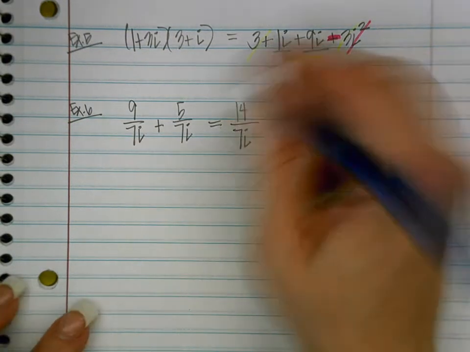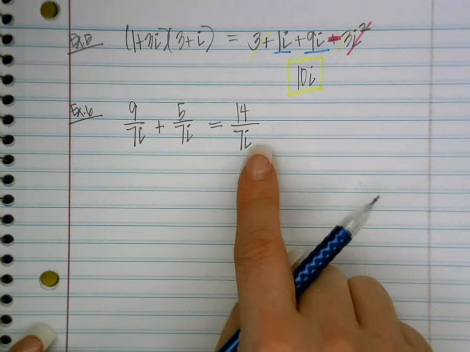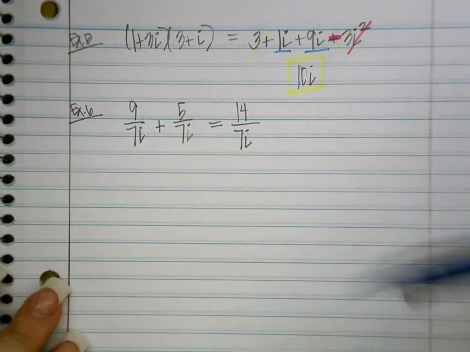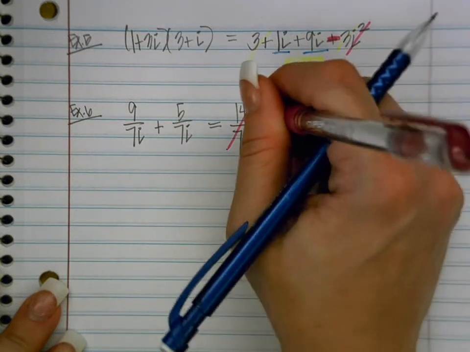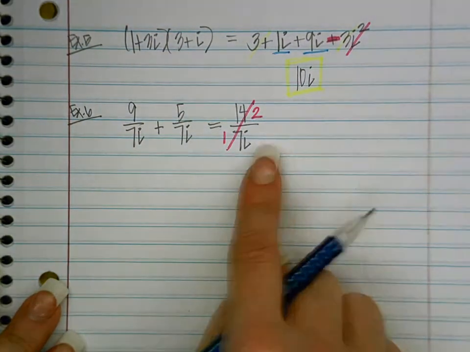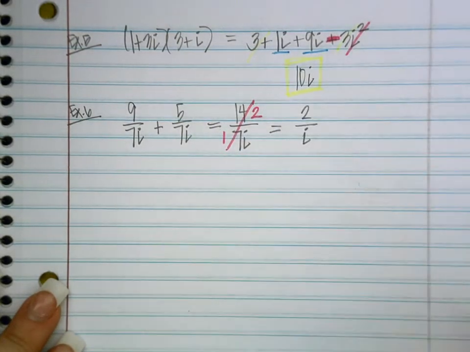What's wrong with this right now? Number 1, it's not reduced. Number 2, you can't have i's in the denominator. But you definitely want to reduce first. 14 over 7 reduces to 2 over 1. Then we can't have this. So 2 over i, how do I get rid of the i in the denominator?